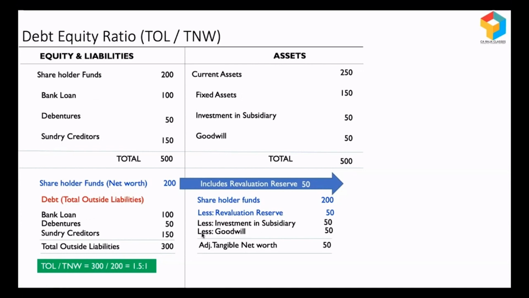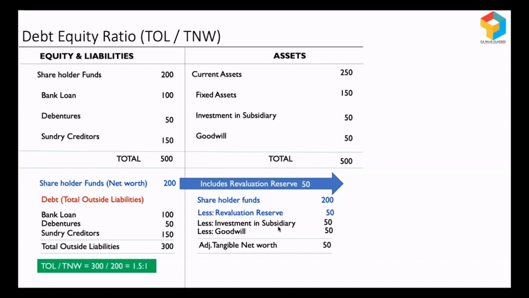So when we deduct these two items from net worth, we migrate to tangible net worth. And when we deduct the investment in subsidiary, we get adjusted tangible net worth. Some banks also deduct investments made in associate concerns, and even if some long-term loans are given to subsidiary, associate or sister concerns, even that will be deducted by conservative bankers.